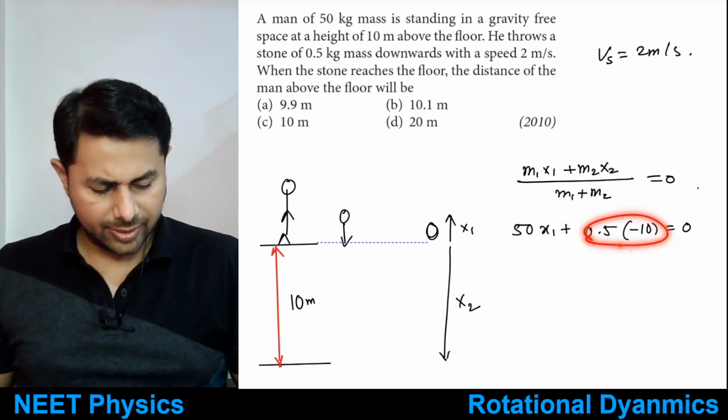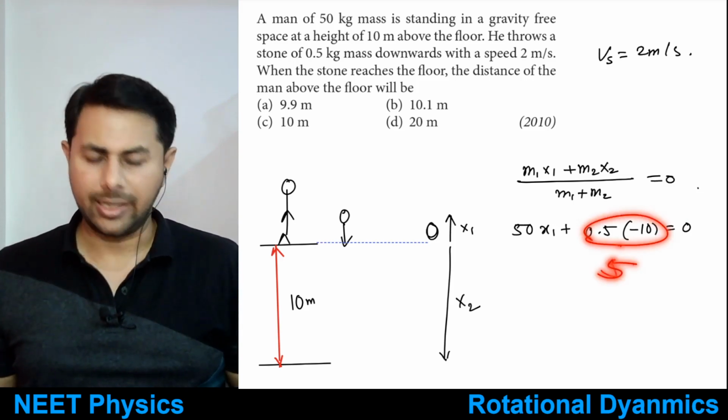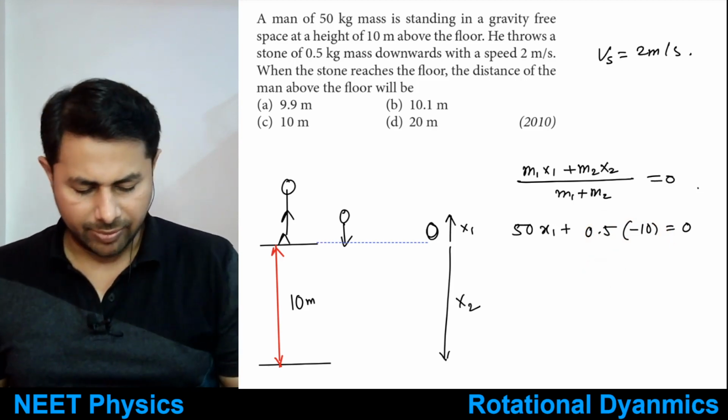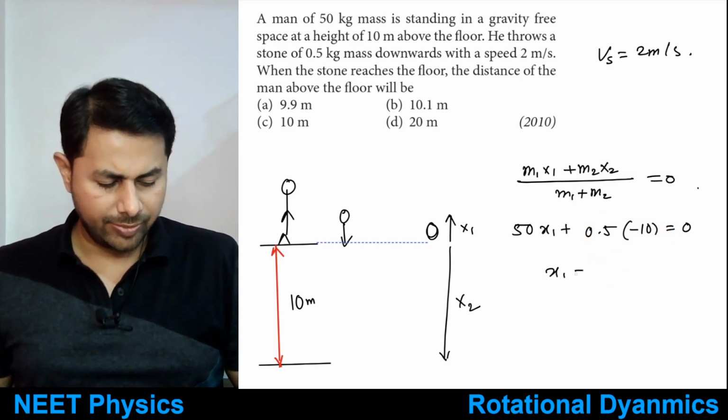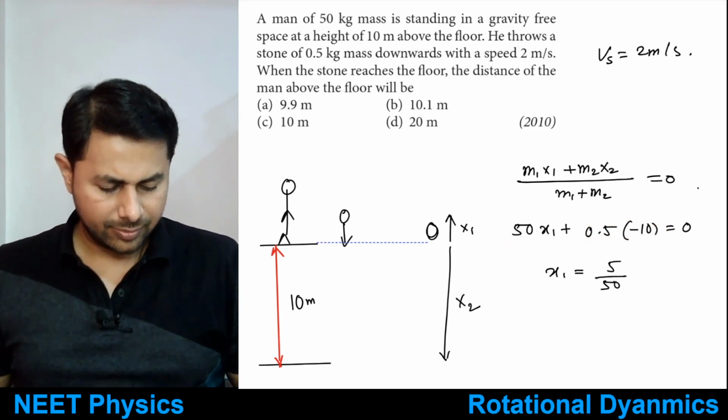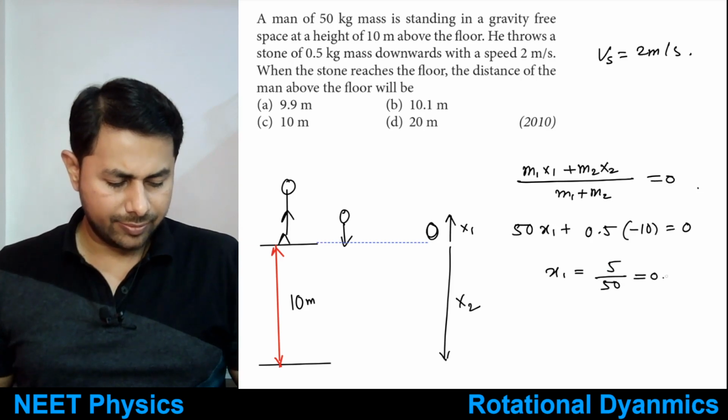So this thing is 5, right? 0.5 times 10 is 5. So this is minus 5, move it to the other side, it will become plus 5. So x1 would be equal to 5 divided by 50. So that's 0.1.